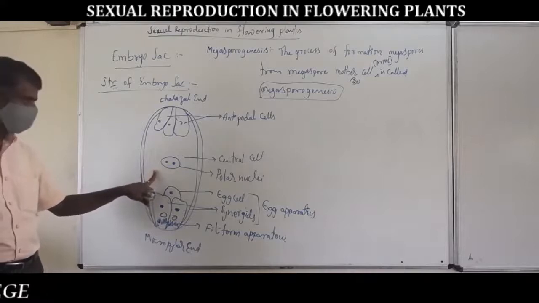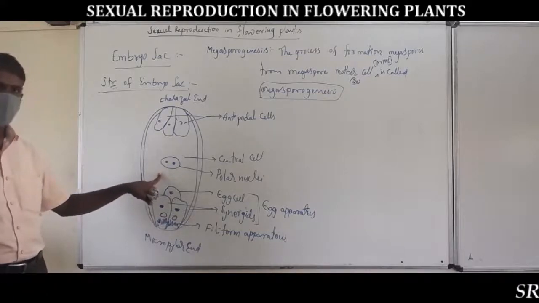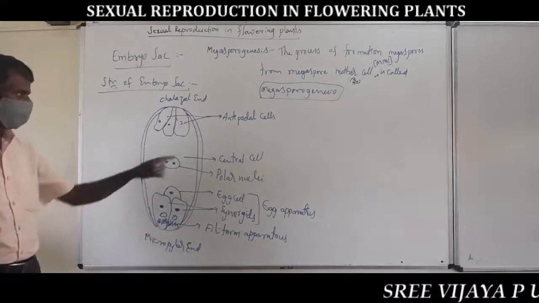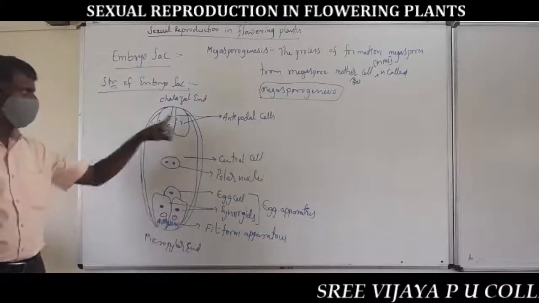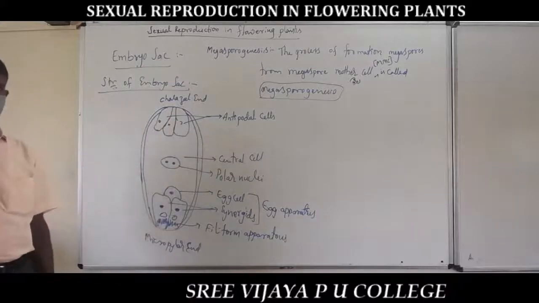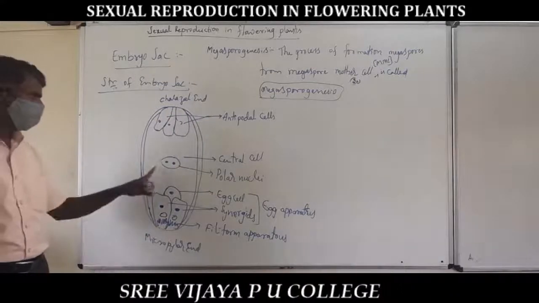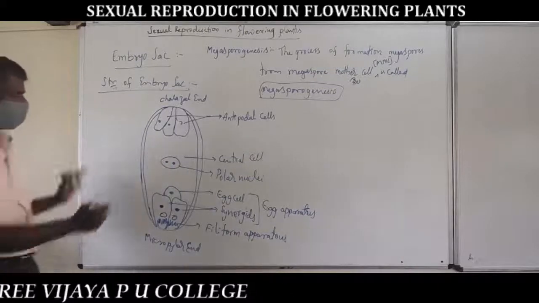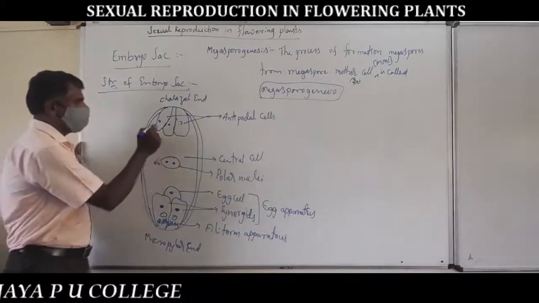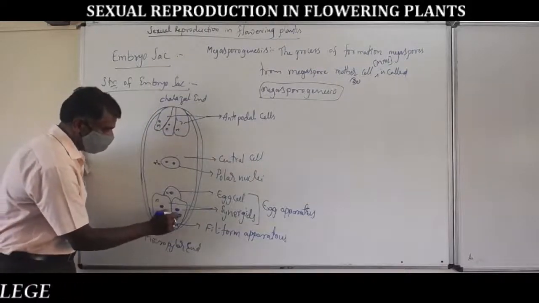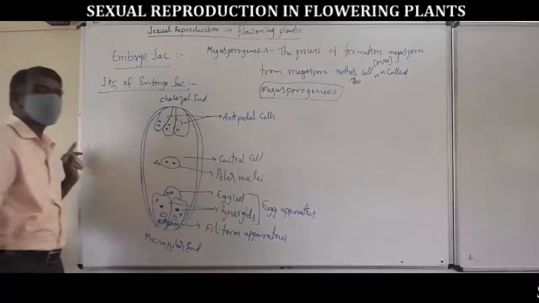Centrally located is the central cell, which consists of two polar nuclei. In the embryo sac, all the antipodals and the egg apparatus are haploid in nature. Only the central cell, or polar nuclei, is diploid, 2n. The egg cell is n, that is, haploid.